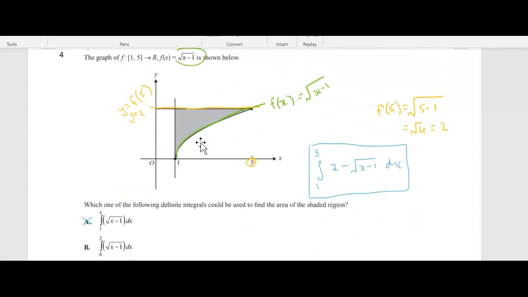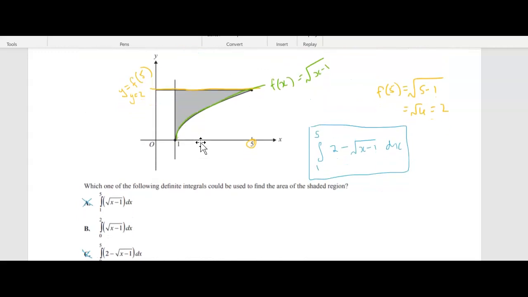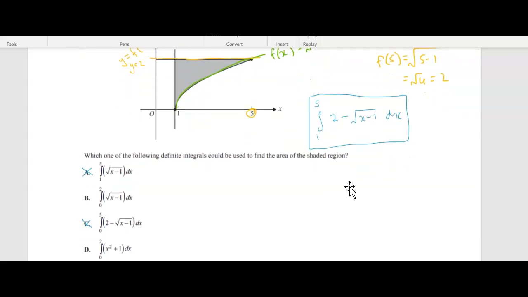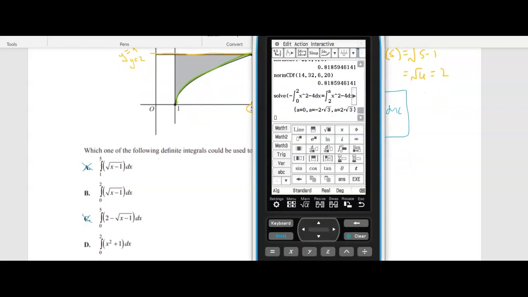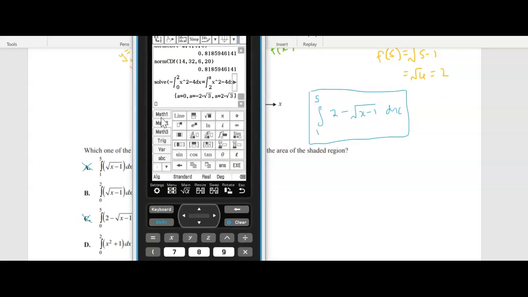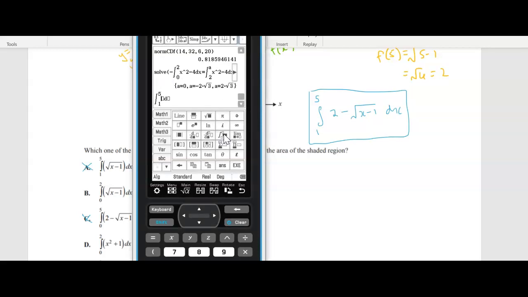So what I might do, if I was doing this in an exam, is actually calculate this definite integral. So I might just quickly do that now. We're going from 1 to 5, and it's 2 minus the square root of x minus 1 dx.